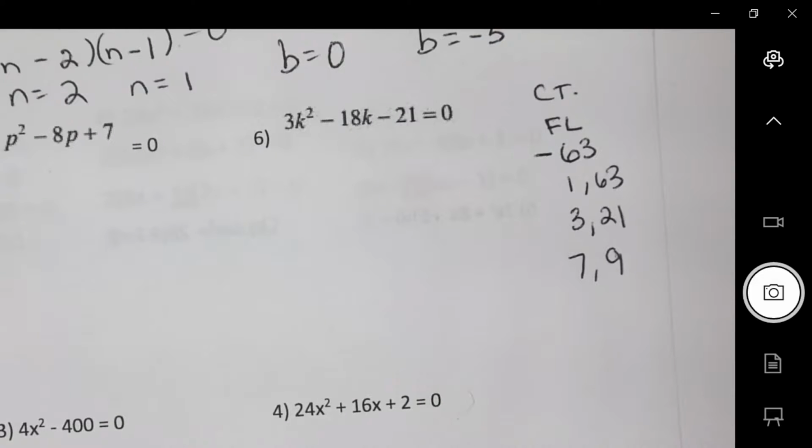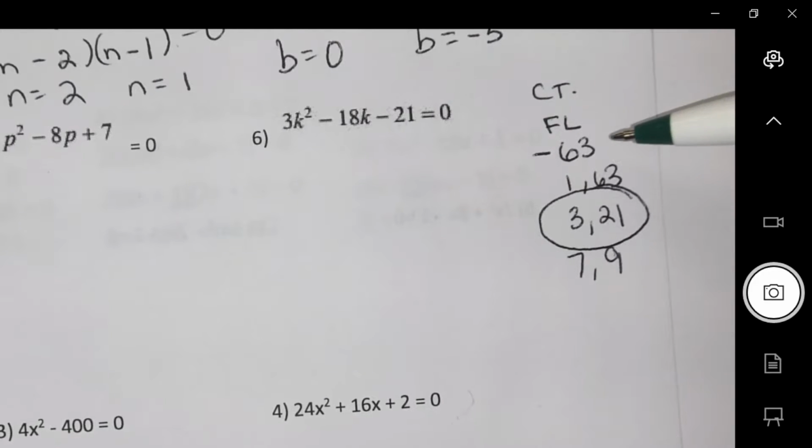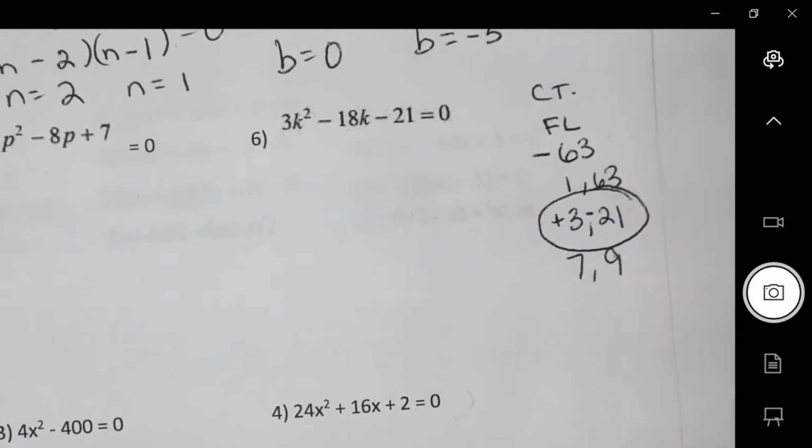Okay, out of those groups, is there any way I could combine something to add to negative 18? This. Okay, so where's the plus and where's the minus? Because I need a negative 63, so I need a plus 3 and a minus 21.